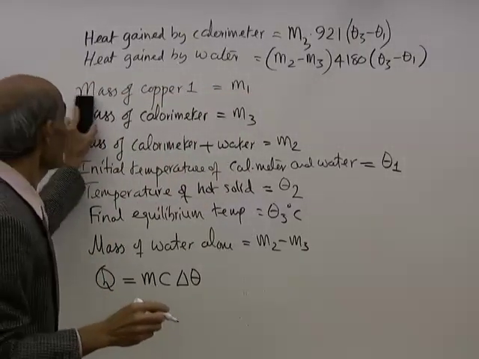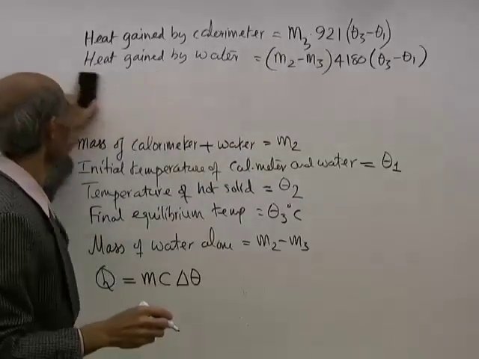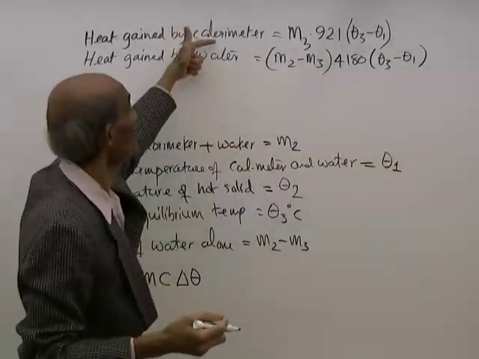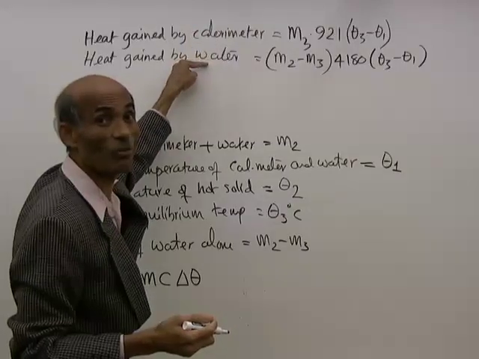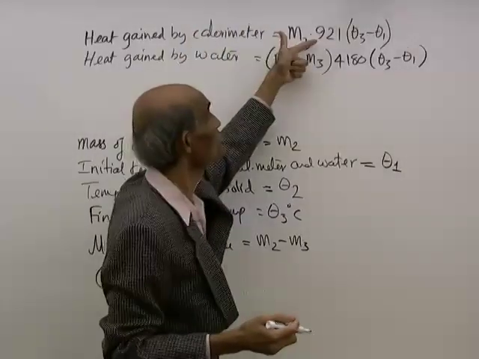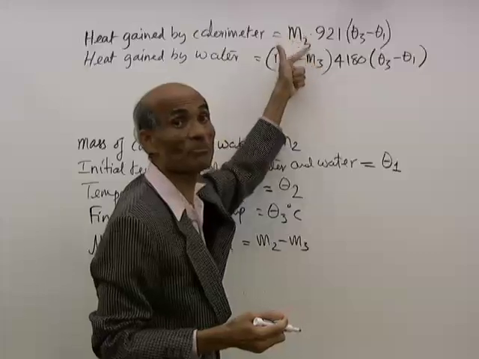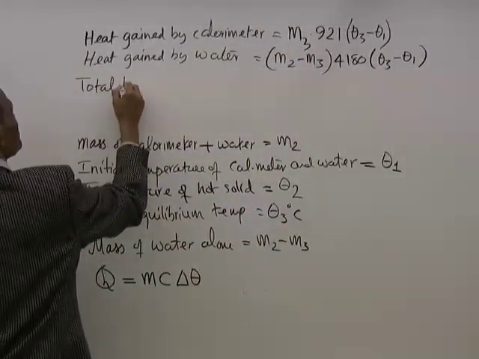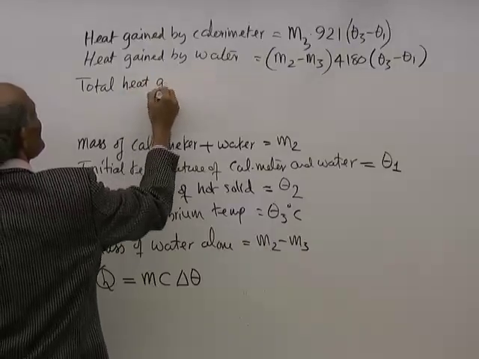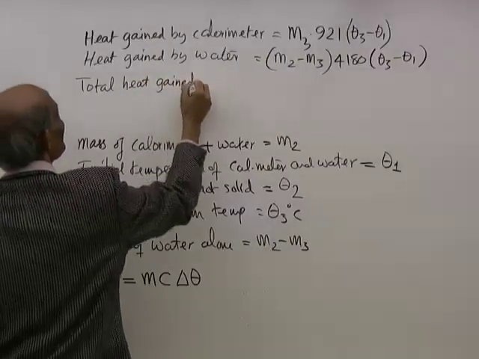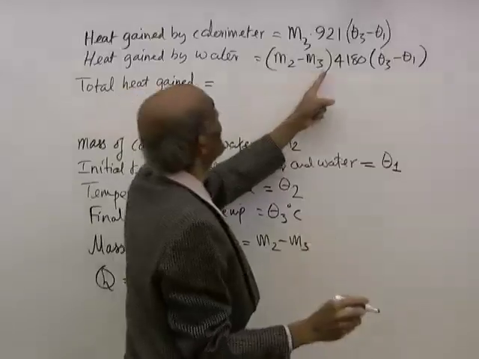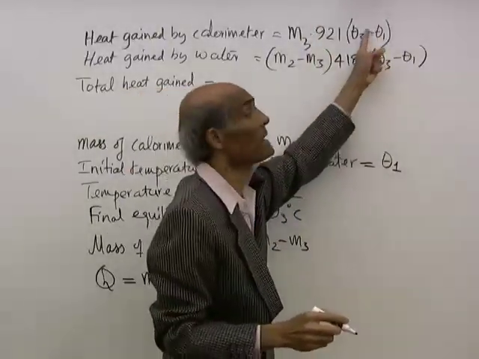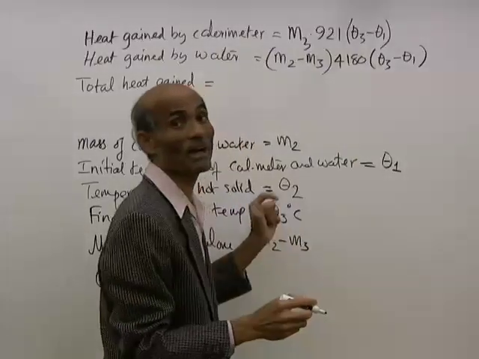Alright, now let me take off these. What is therefore the total heat gained? Calorimeter gained heat, water gained heat. So the total heat gained is the sum of these two. Total heat gained is, add these two, and I'm going to take theta 3 minus theta 1 as the common factor.